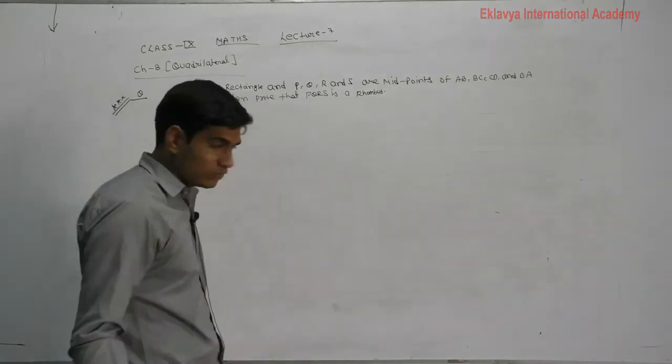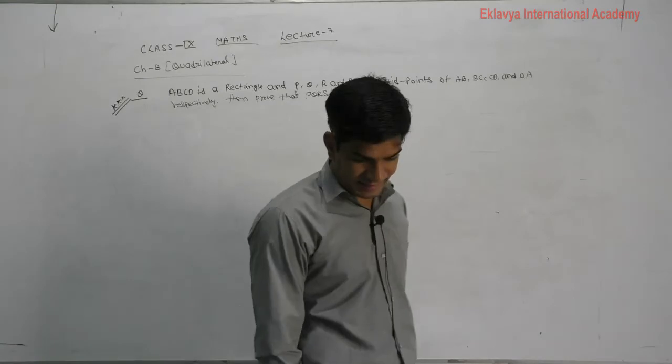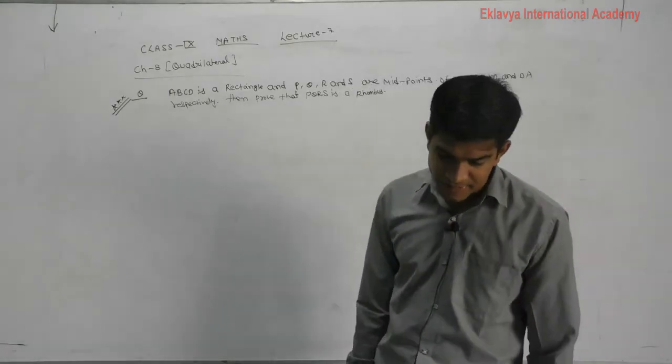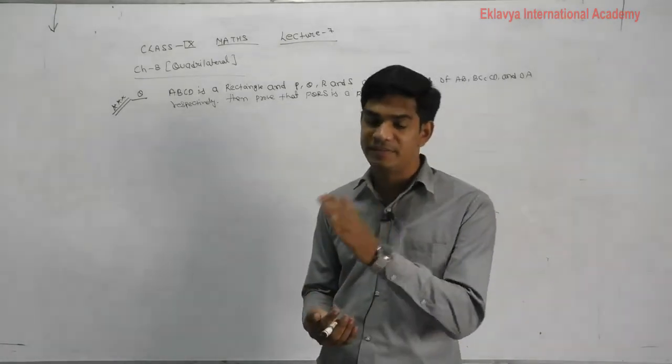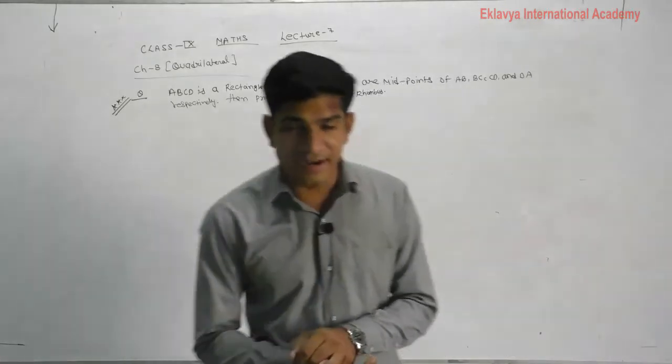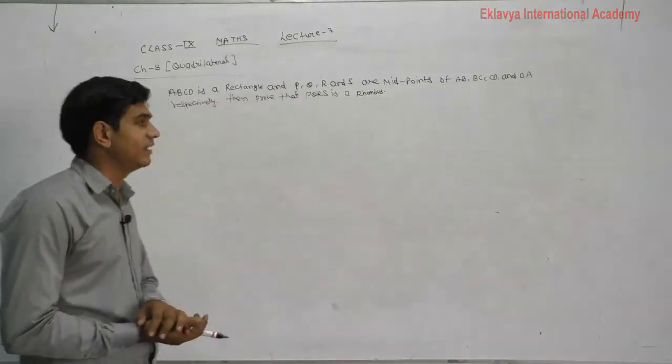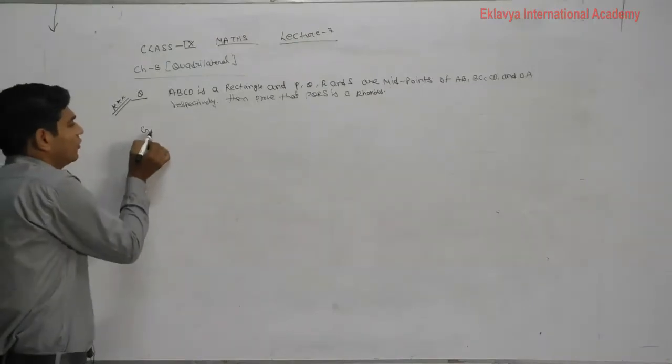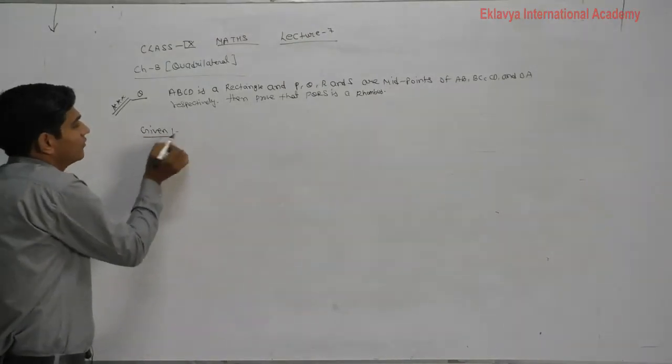What is given to you? ABCD is a rectangle. P, Q, R, S are the midpoints of the sides AB, BC, CD and DA. Then you will prove that the quadrilateral PQRS is a rhombus. So first of all, in given, what will you write?